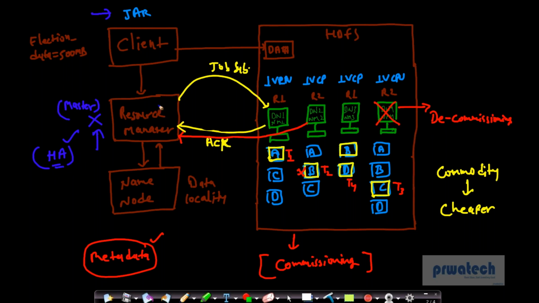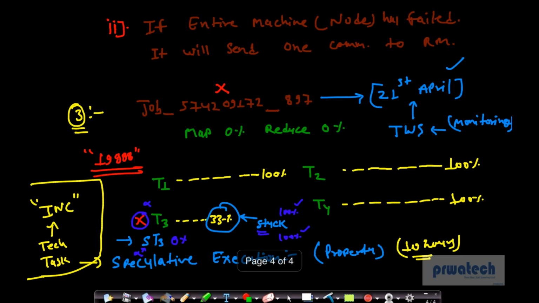For now, you understand that if the resource manager is down, your entire job will fail, and we will have to handle this using high availability. That's one takeaway from here. What is high availability? I will take this part when I discuss our module called YARN. In YARN separately, I will tell you what HA is and how things can work in HA.